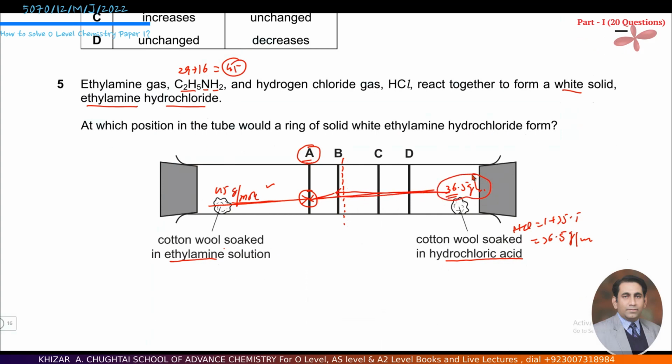As the HCl vapors have lower mass, their speed of diffusion will be higher, and ethylamine having higher mass, its speed will be lower. Lower mass, higher speed of HCl; higher mass of ethylamine means its distance traveled will be lower. So the appropriate option in this case is the A option.